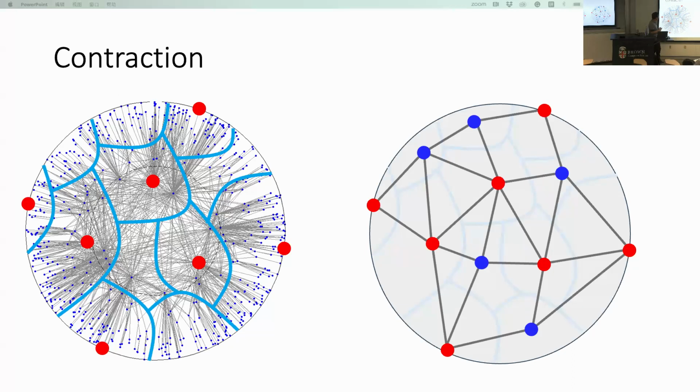There's an additional advantage of this approach. For constructing a flow sparsifier, we want the congestion to be upper bounded by something and lower bounded by something. It's measuring the ability of routing some demands. So we cannot increase too much or decrease too much. And what this contraction is doing is essentially adding infinite capacity edges between the vertices you are contracting.